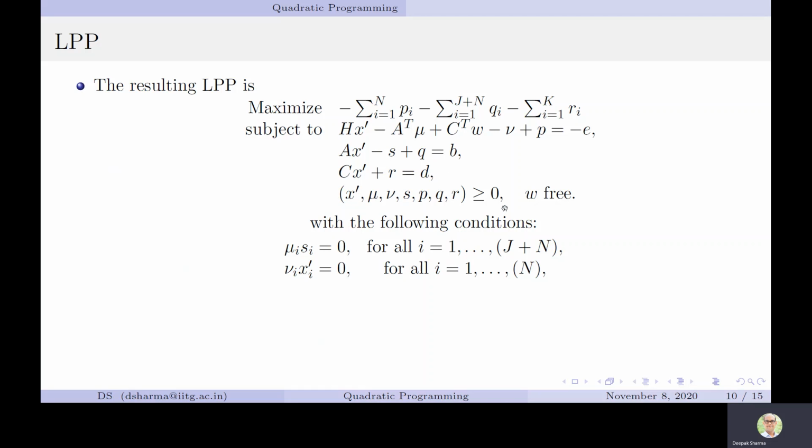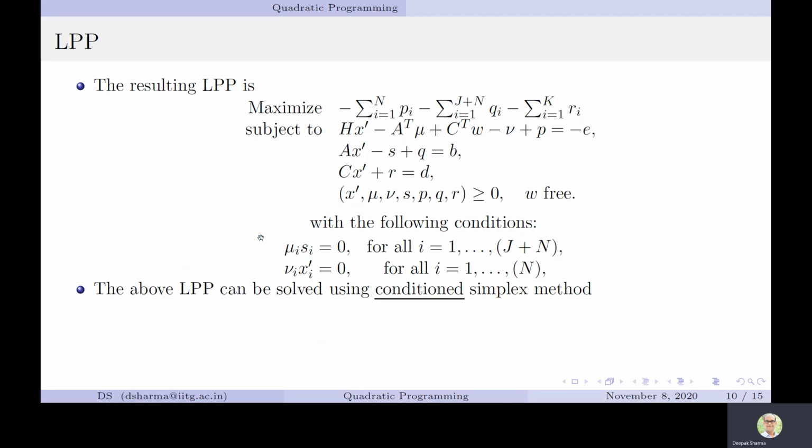And then we have the variables which are greater than 0, and omega should be free. Now here there are certain additional terms. These are the complementary slackness conditions, where mu i si should be equal to 0 and mu i xi prime should be equal to 0. So these are the conditions we have to meet.